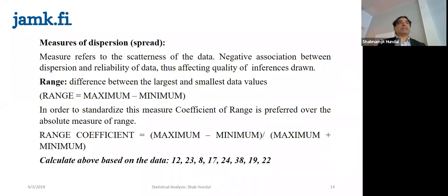The reason I chose this example is because I want to explain more about absolute measures and the coefficients, or the relative measures. Any more opinions? Which company is doing better?